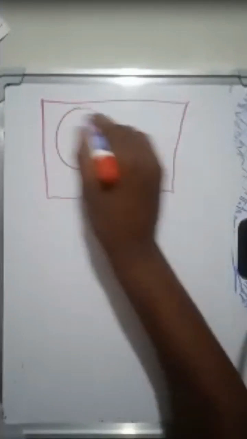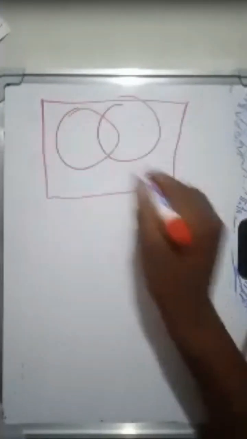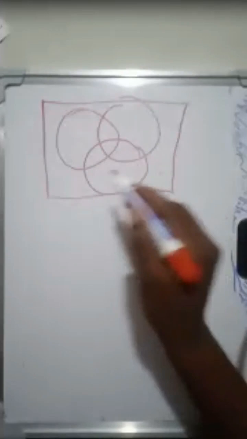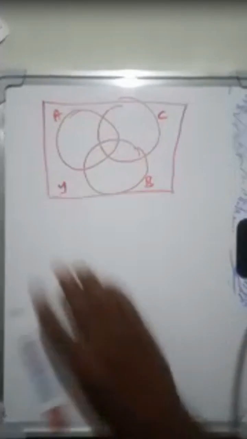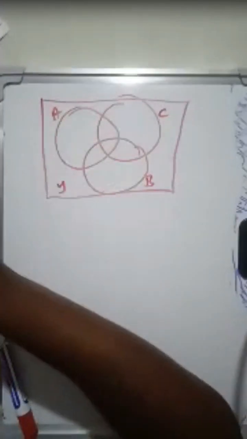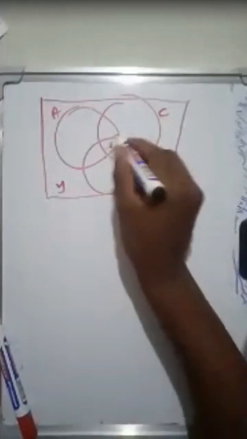I'm going to draw the Venn diagram. Then we have a circle there, another circle, and another circle. That is B, that is C, that is A. Then we have Y outside there. Then in there, we have X in between.